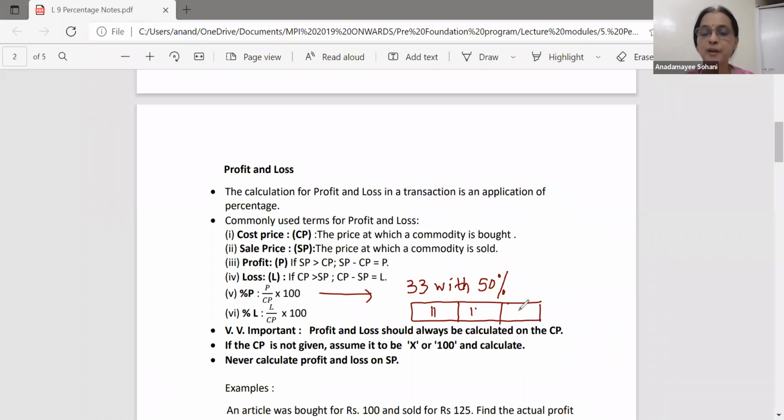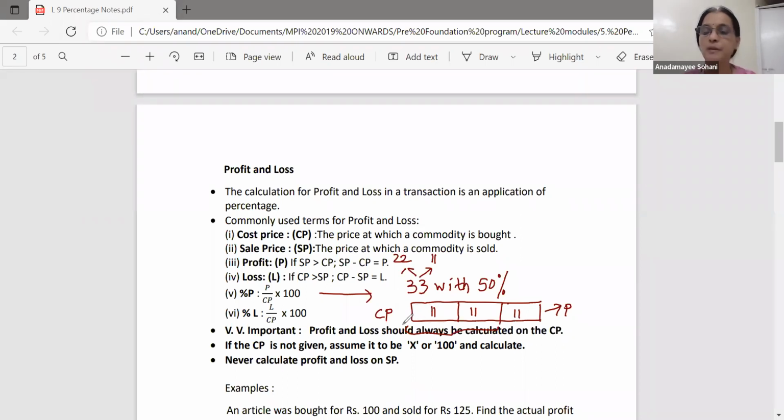And 2 compartments will be the cost price and 1 compartment will be the profit. So the cost price of this commodity is 22 rupees and the profit is 11 rupees. Without any calculation, you get answers.